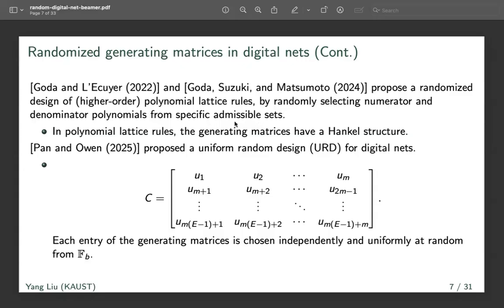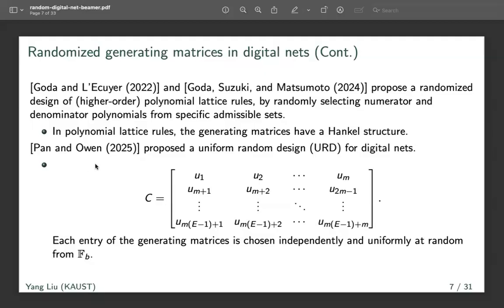What I want to emphasize is that in polynomial lattice rules, the generating matrices have a Hankel structure. Basically, in a Hankel structure, each row of the matrix is the same as the previous row, but shifted by one place.